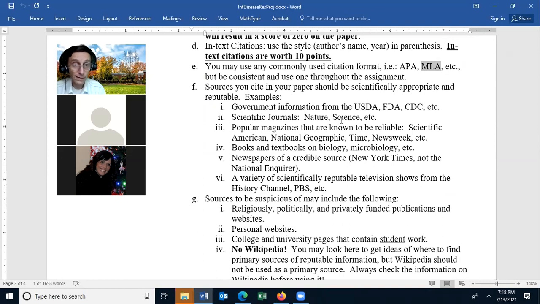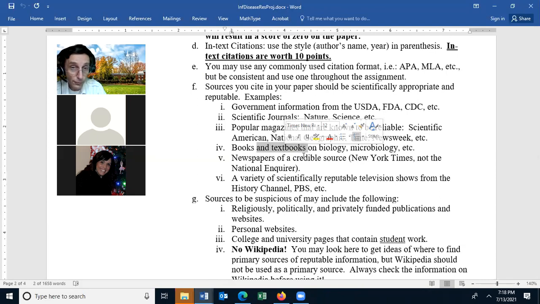And for good sources, I can usually just look at it. Government sources like the USDA, the Center for Disease Control, scientific journals, Nature, Science, any scientific published journal that's reviewed, popular magazines, Time, Newsweek, Scientific American. Textbooks are actually an excellent source. If you look at your textbook, you'll see that it has many reviewers.